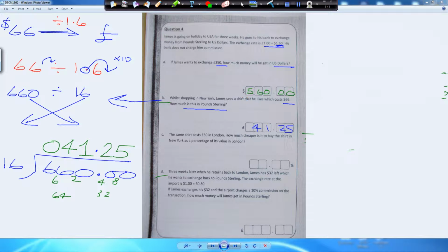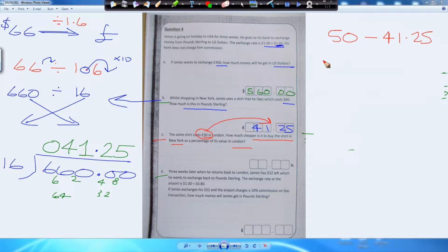Okay, lovely. Let's have a look at question C. The same shirt costs £50 in London. How much cheaper is it to buy it in New York than in London? What we just worked out is £41.25. So we have to now work out between these two numbers, what do we work out? We have to work out the difference. So we're going to do £50 minus £41 and 25 pence.